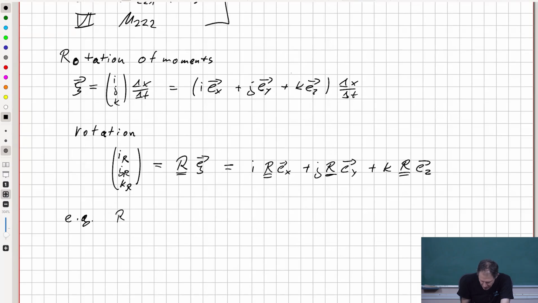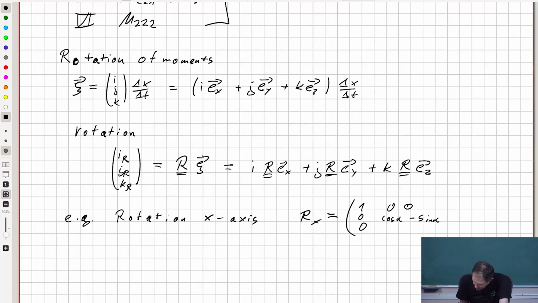So let's see, we have a rotation about the x-axis, where this rotation matrix looks like cosine alpha, minus sine alpha, and sine alpha, cosine alpha. So you know this as a rotation matrix, rotating around the x-axis.